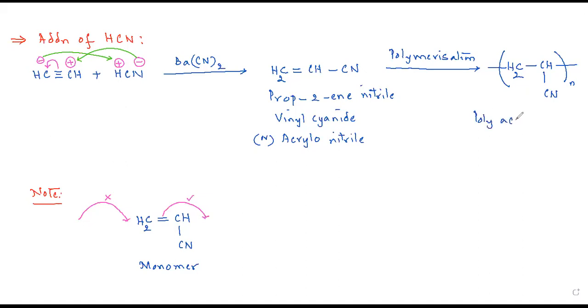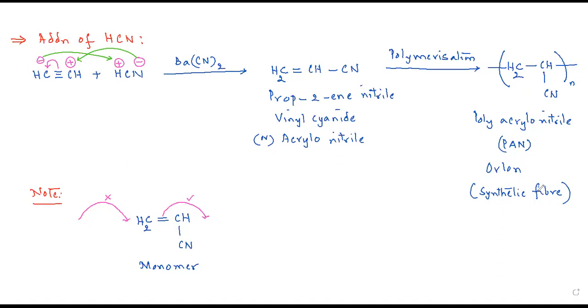Then this can be called polyacrylonitrile, simply given as PAN. The commercial name of this is Orlon. Orlon is a synthetic fiber. We'll come across different types of polymers in the topic polymers.